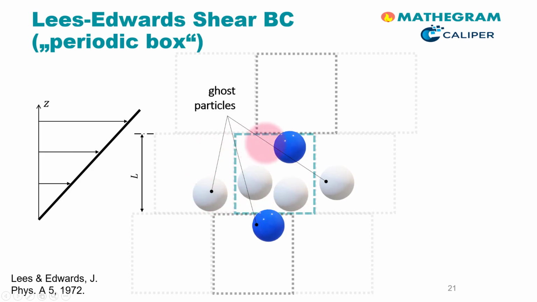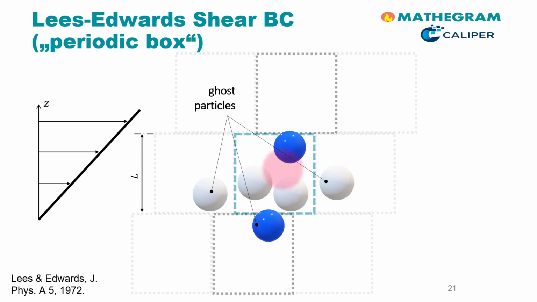If you think about those shifts, you will find that we have indicated only some of the ghost particles in our sketch. For example, we could have considered a blue ghost particle in this box here at the top. We have avoided drawing all these ghost particles to be able to explain the situation in a clearer way.